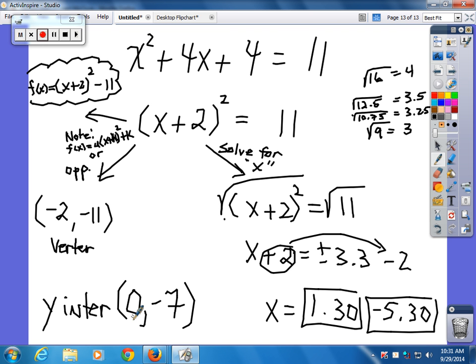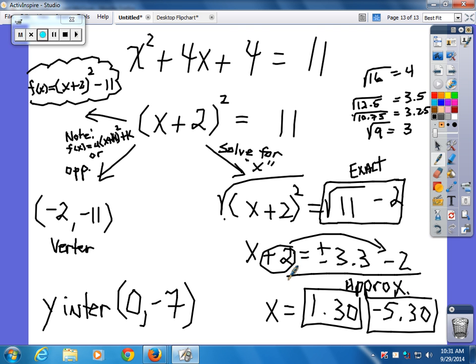So that would be the square root of 11 minus 2. That would be your exact answer, meaning that you're not approximating the square root of 11. And then sometimes they'll say put it in decimal form. If they put it in decimal form, they're wanting you to give the approximate. Be able to do both.